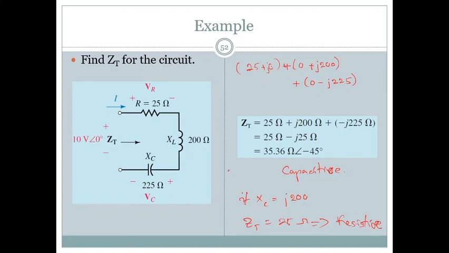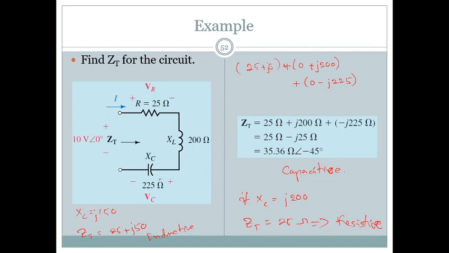So also, let's say XC is j150, then ZT will be 25 plus j50, right? Which is then inductive.